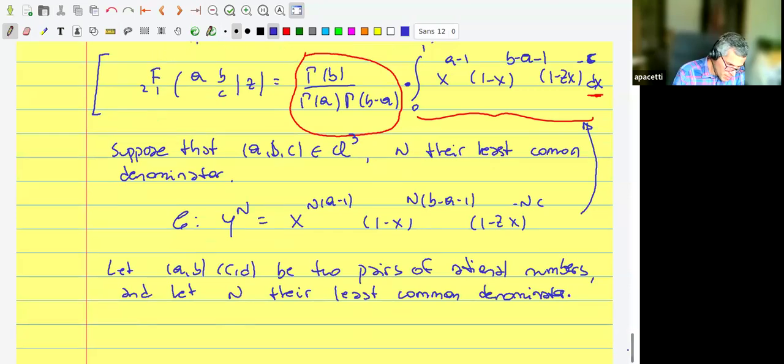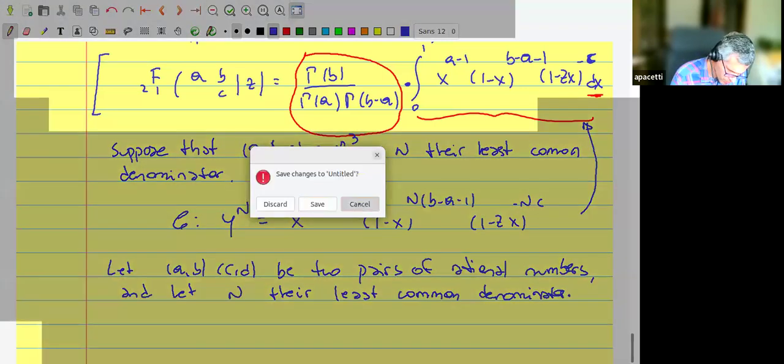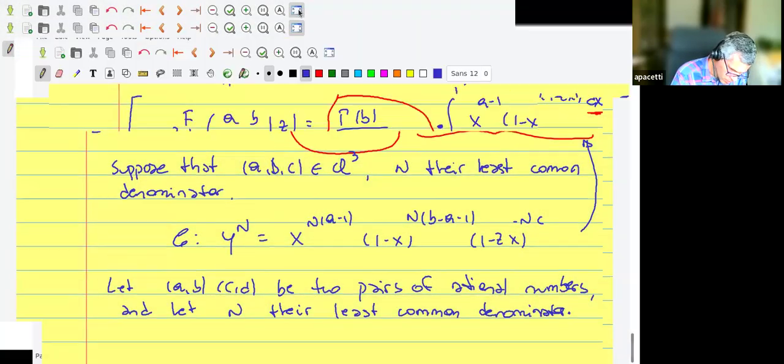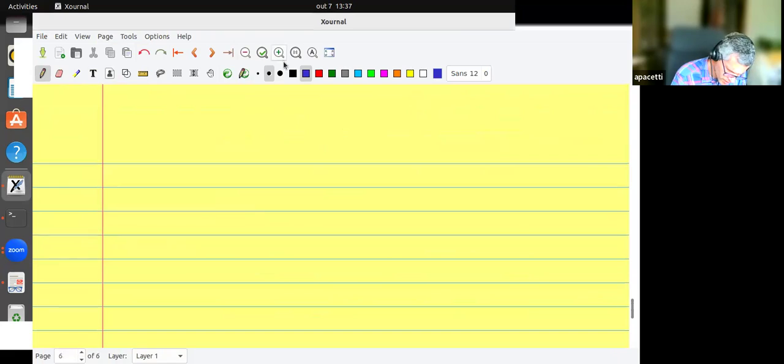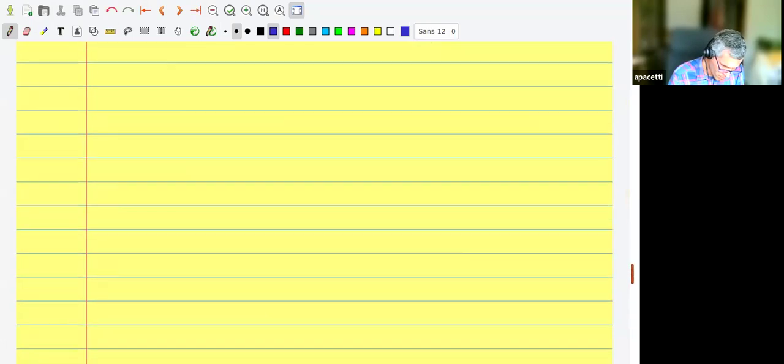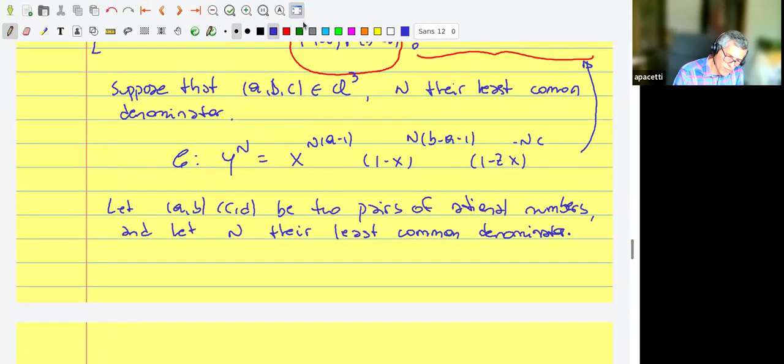Okay, so my claim is the following. So now for me, a hypergeometric motive is only going to be a pair of two rational numbers. Okay. I want to state some of the properties that you can get out of it.